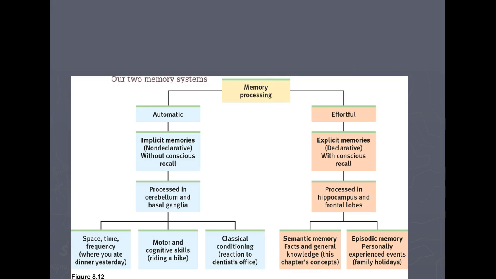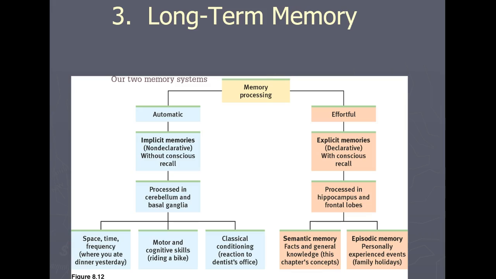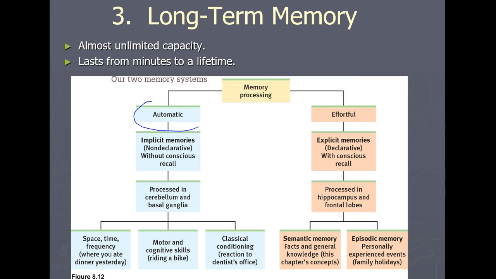So if we look at the types of long-term memory on this slide, we mentioned that sometimes information is processed automatically, and we said that those lead to implicit memories. And here are some examples of implicit memories.